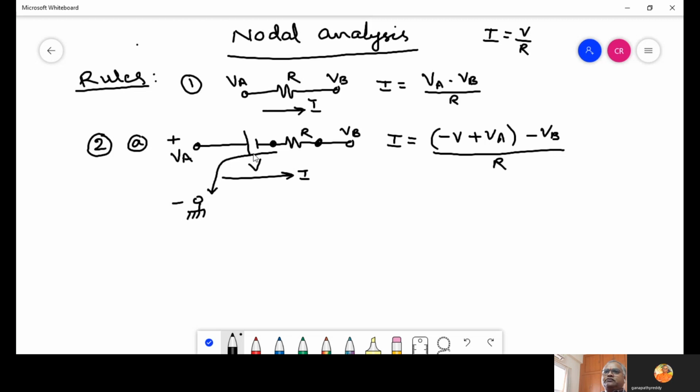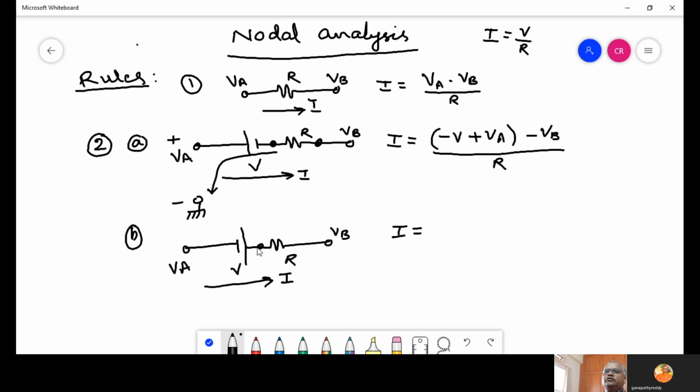Now let us see what will happen if this polarity changes. Same thing, it can be like this. So to find the current again this side, what is I now?